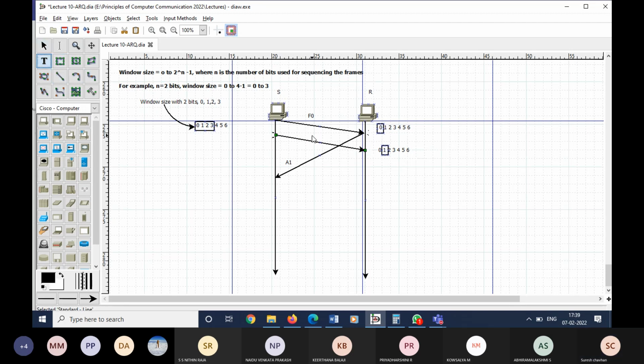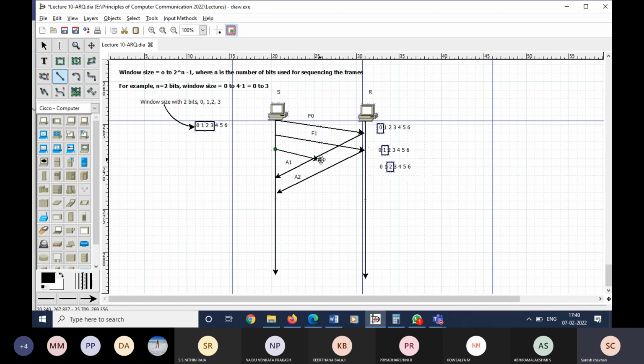This is F1. Now it shifts to the next, since F1 has been received, so next will be F2. The acknowledgement comes here.